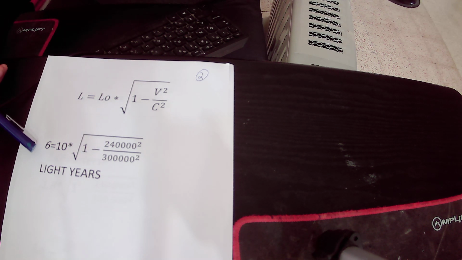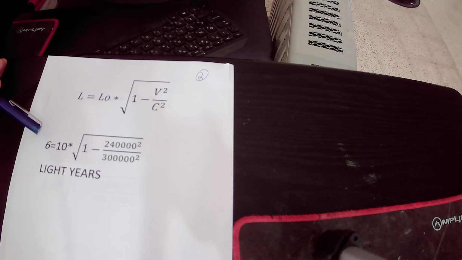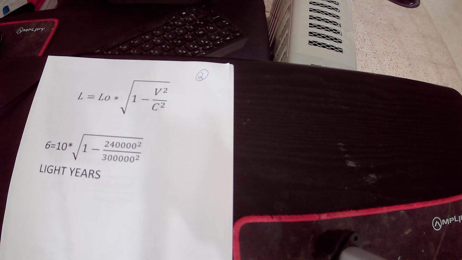And we get the result of 6 light years. So the distance between the two objects, that is to say the Earth and the star Epsilon, shrinks from 10 light years to 6 light years only. So that phenomenon is called the contraction of distance.